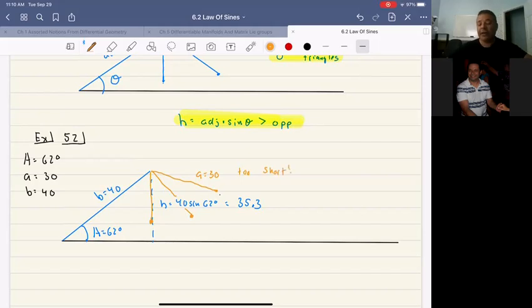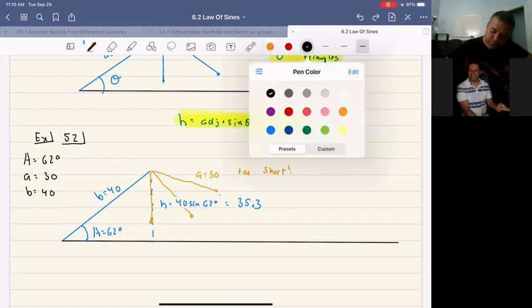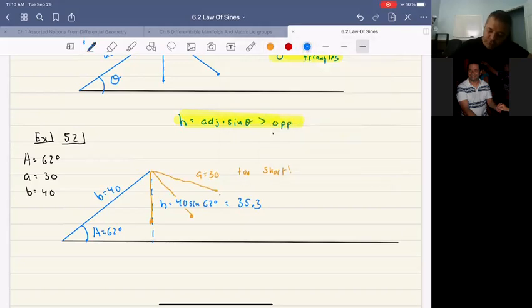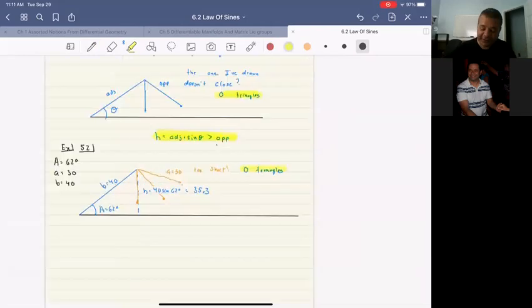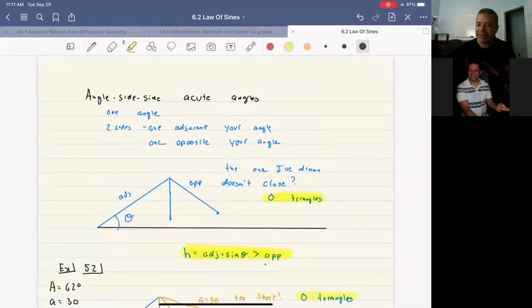So we don't get any triangles, zero triangles. That's the first case. We're going to go ahead and do the next case.